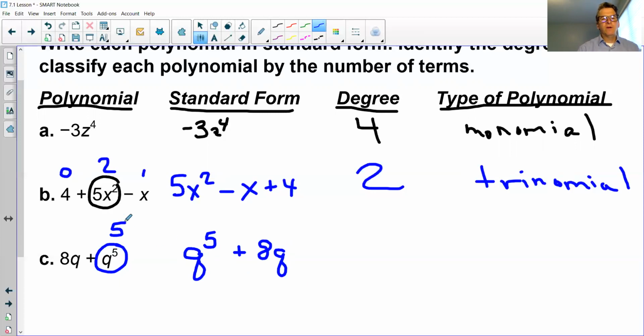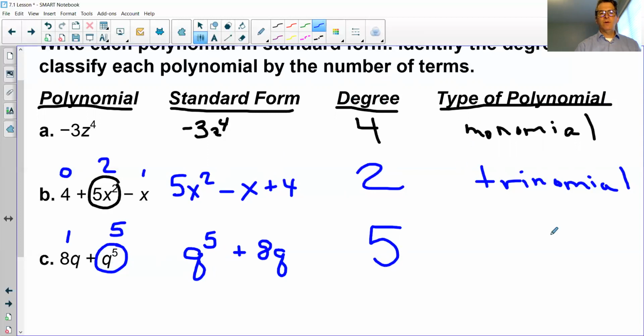Because it has a degree of 5, and this 8q has a degree of 1. Remember, it's the exponent. So we always put the highest degree term first when we're rewriting it in standard form. So then you look at the degree of this polynomial would be the highest degree, which would be 5.